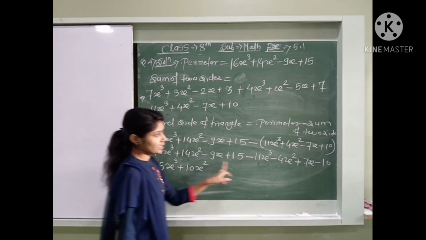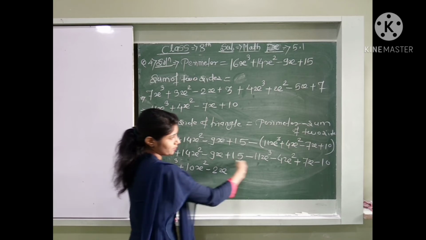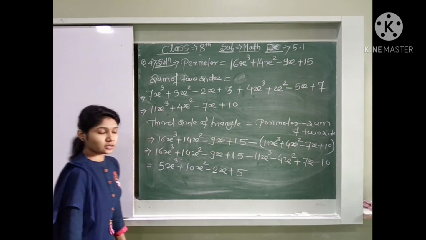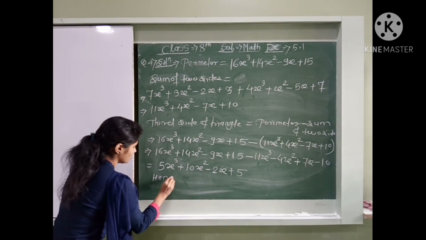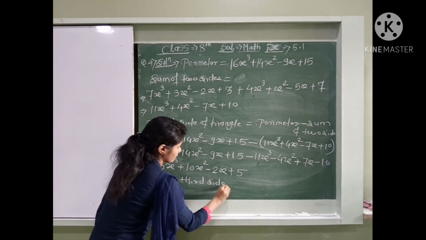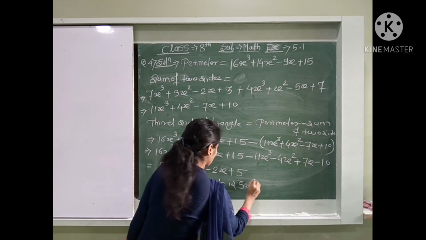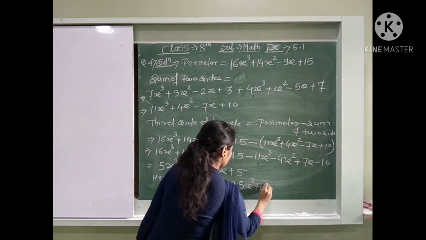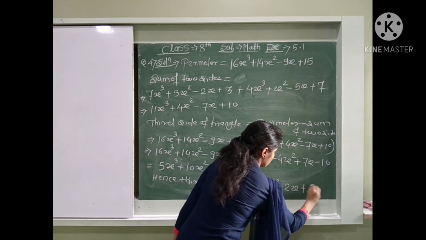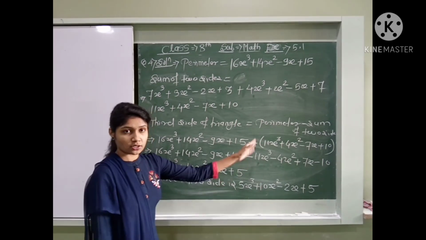Minus 9x plus 7x is minus 2x. 50 minus 10 is plus 40. This is the third side: 5x cube plus 10x square minus 2x plus 40. This is the answer of this question.